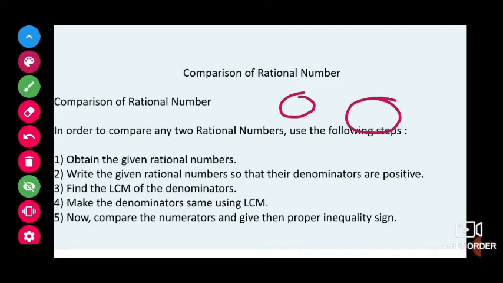If both the rational numbers have different denominators, then we have to take the LCM for both. After taking the LCM, we have to equalize the denominators. Then we have to go for comparison of the numerators.